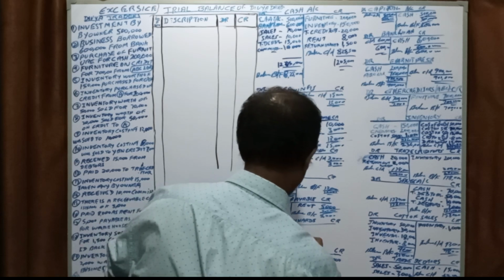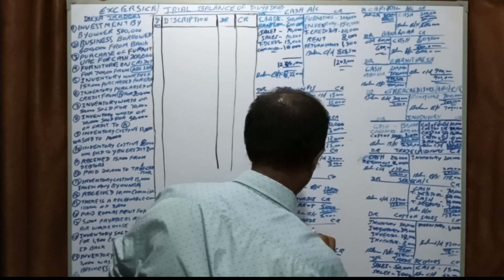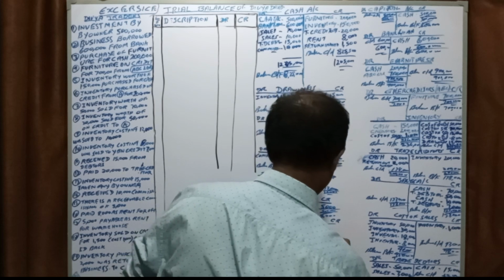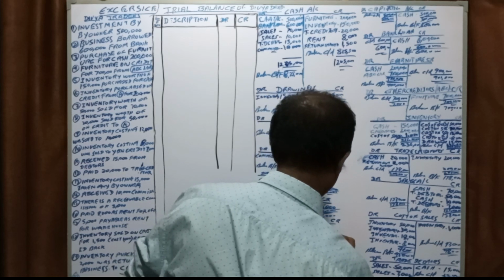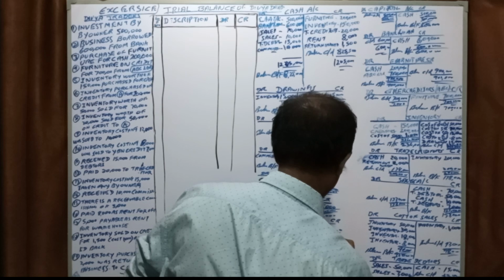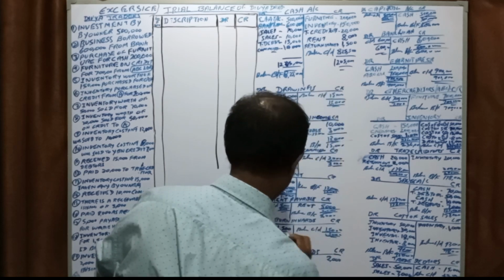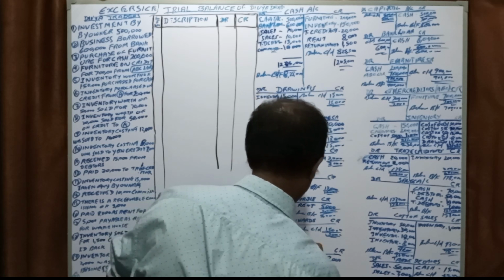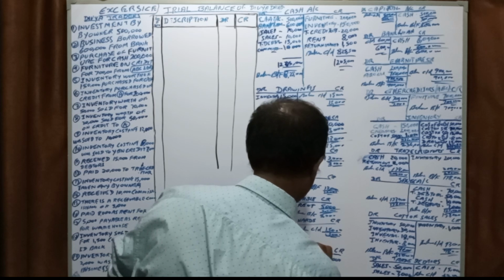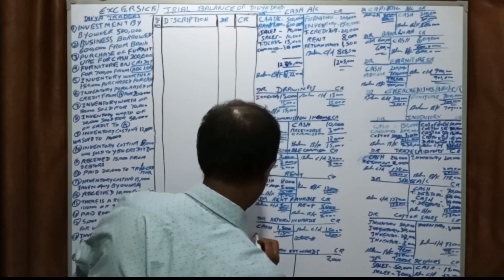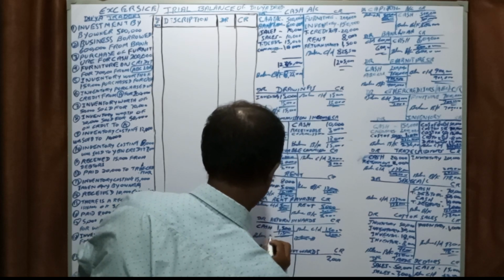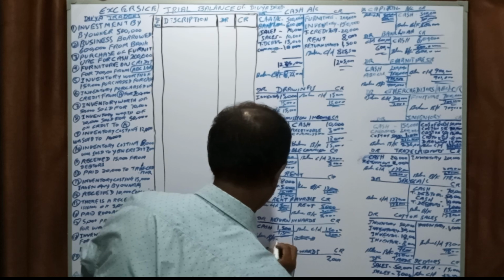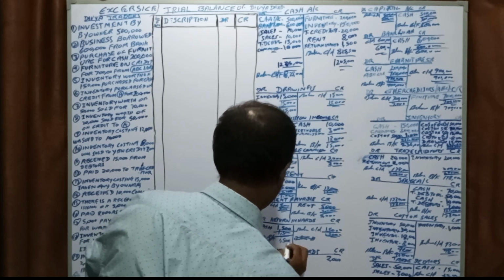Here balance carried down is 1,500. Balance brought forward 1,500.